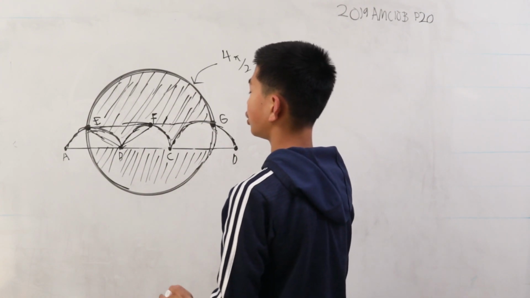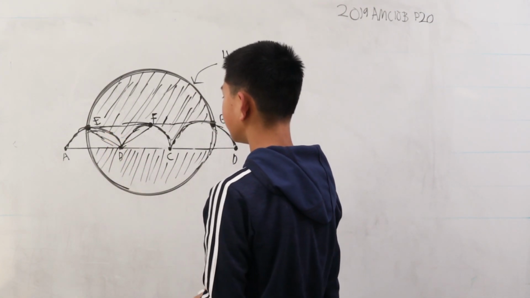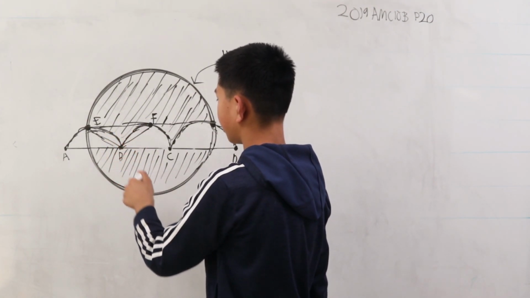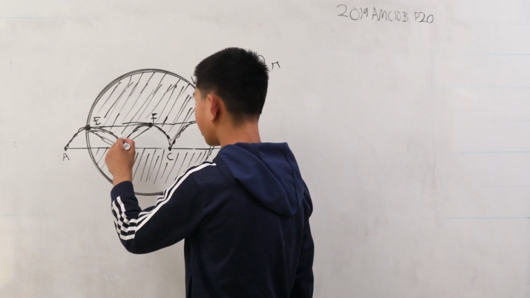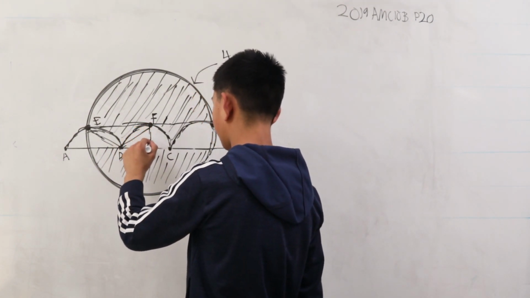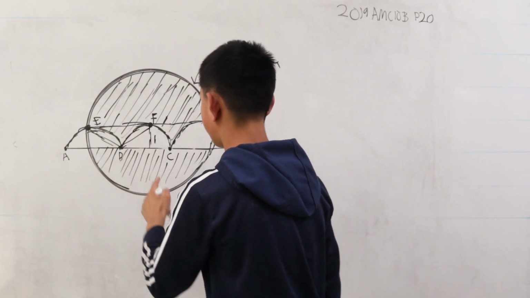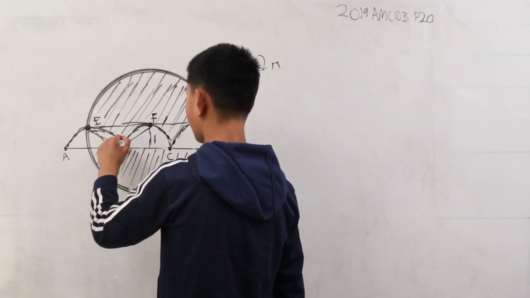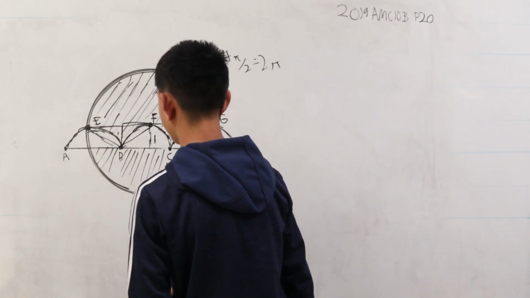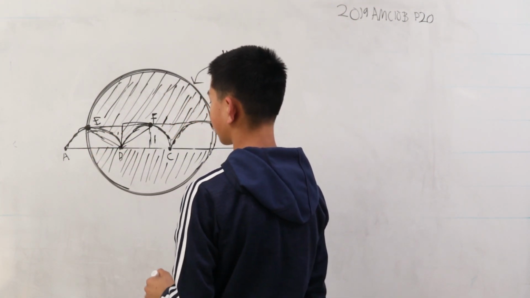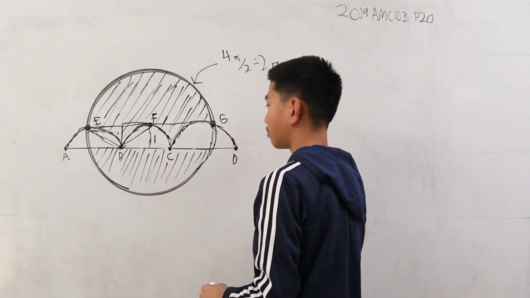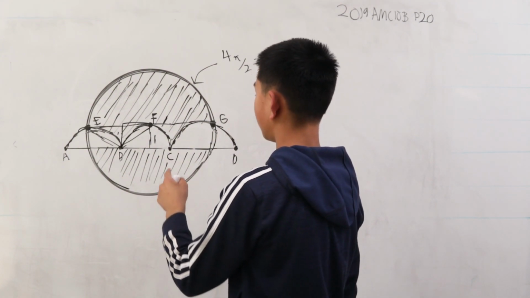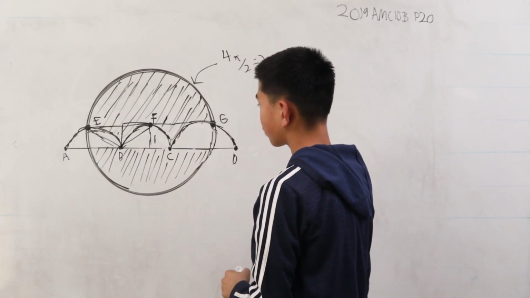Now, how can we visualize this area? Well, since the radius of the semicircle is 1, we also know that the height is going to be 1. So the area is like 2 times the base over 2.